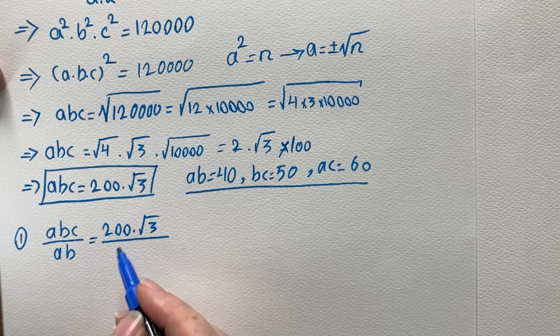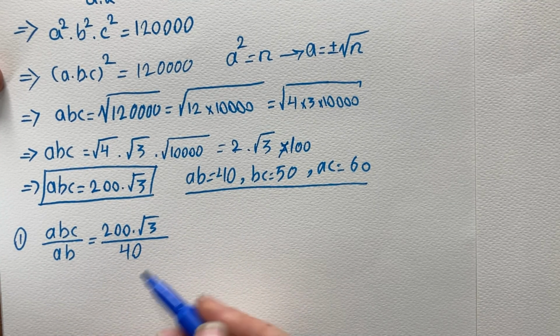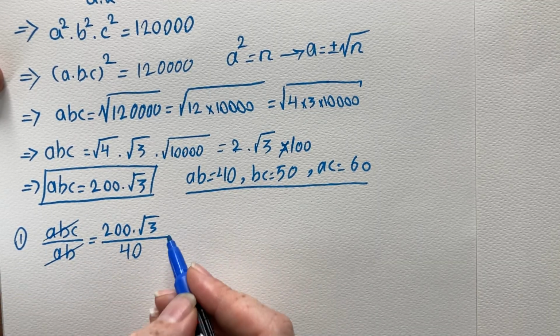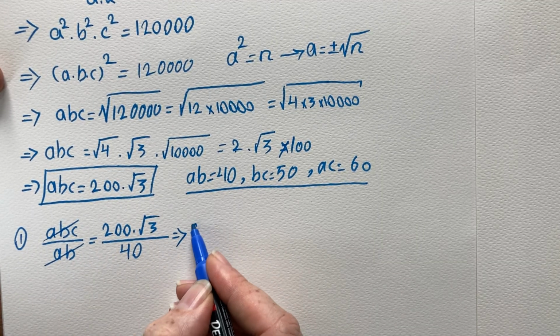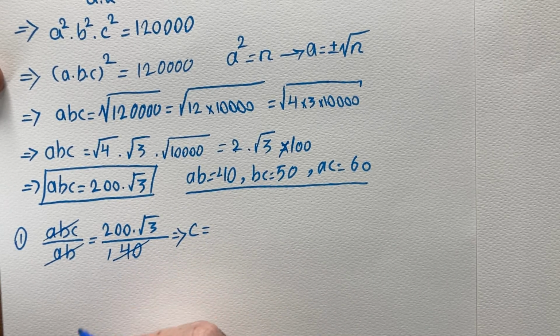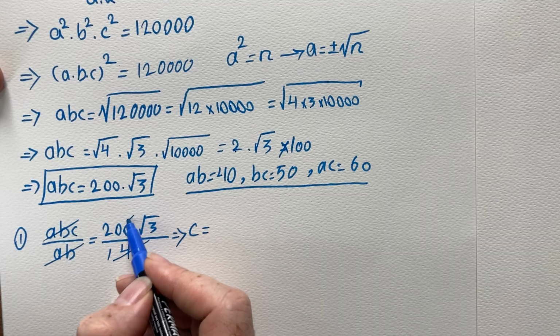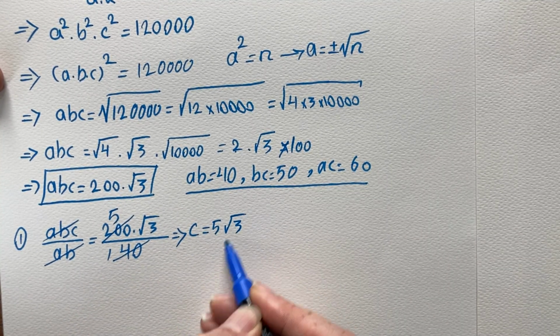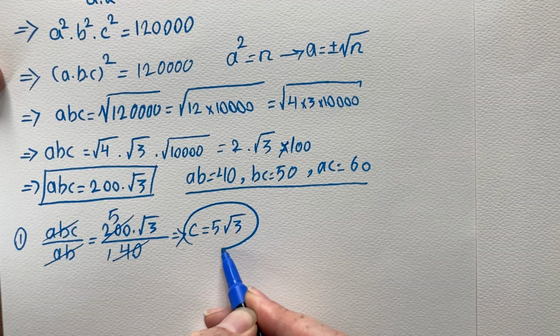The value of AB is 40, right? Left hand side, this AB and this AB can be cancelled off. So C is going to be 200 divided by 40, which is 5 times second root of 3. This is the value of C.